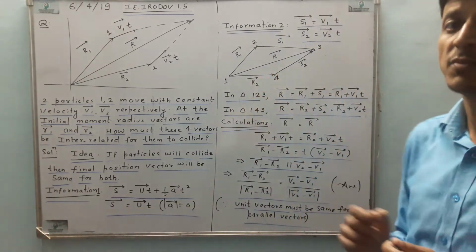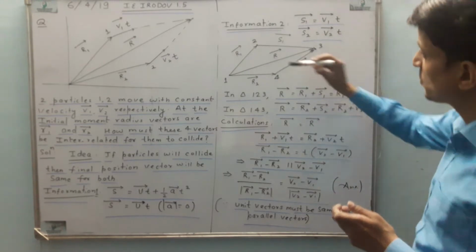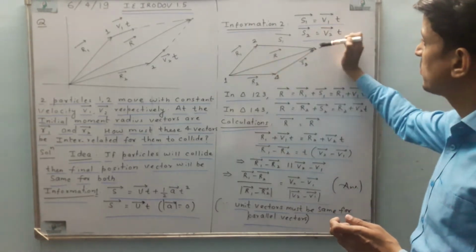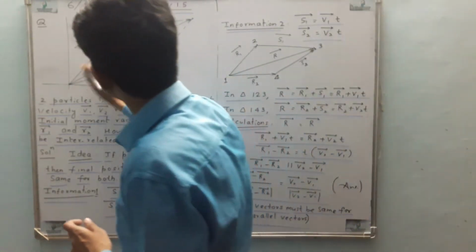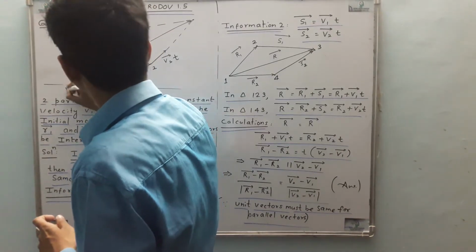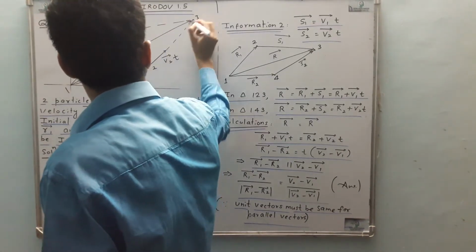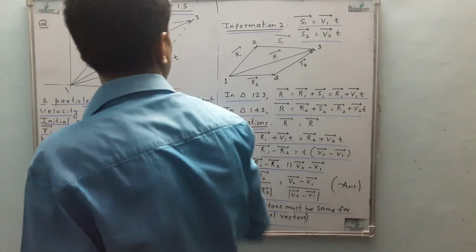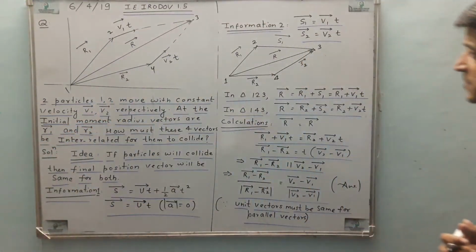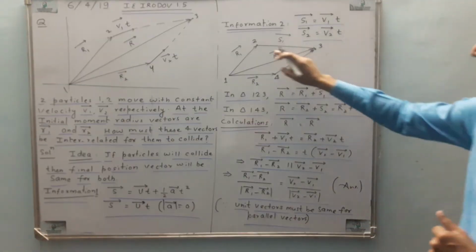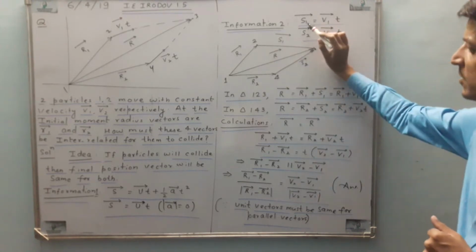Now another piece of information is needed. Suppose this is point 1, this is point 2, this is point 3, and this is point 4. Let's redraw the diagram.